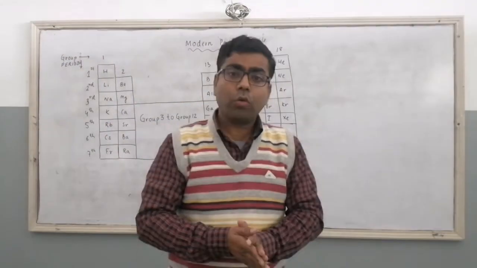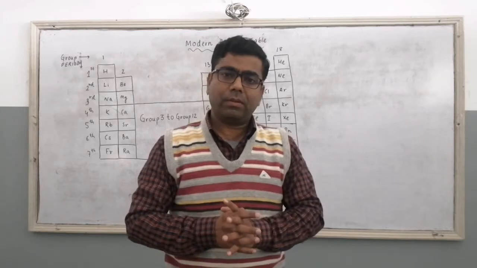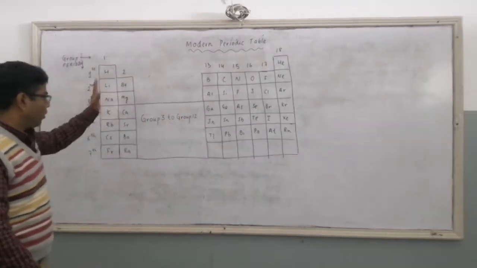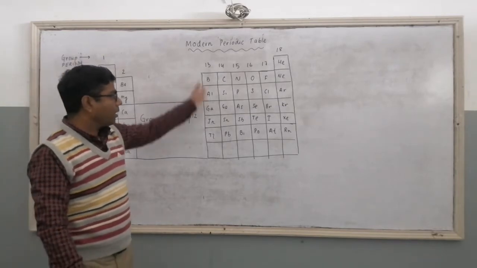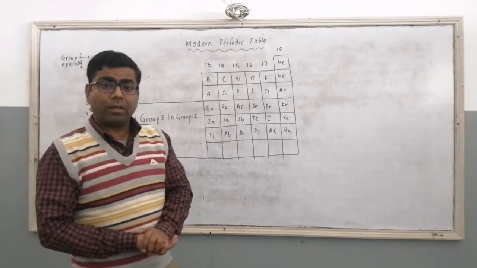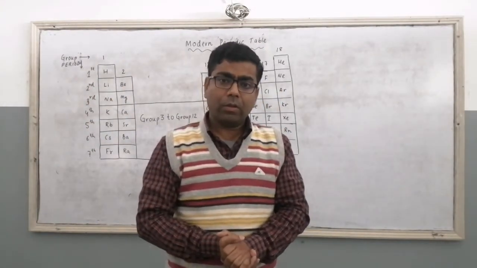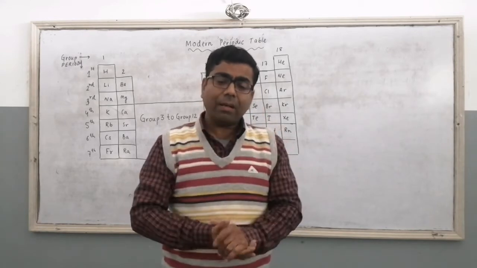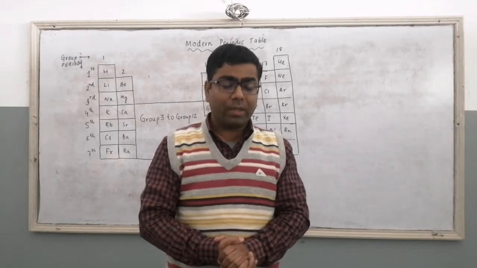And there are a total of 18 vertical columns: 1, 2, 3, 4, 5, 6, 7, 8, 9, 10, 11, 12, 13, 14, 15, 16, 17 and 18. These vertical columns are called groups. So a total of 7 periods and 18 groups are there in the modern periodic table.